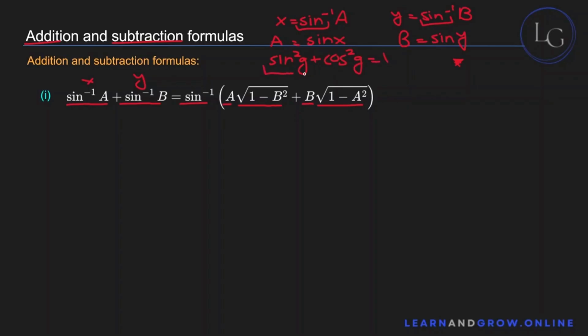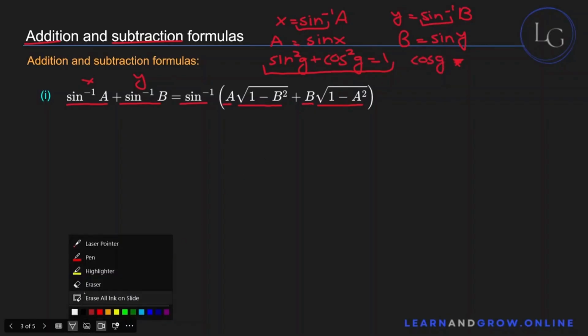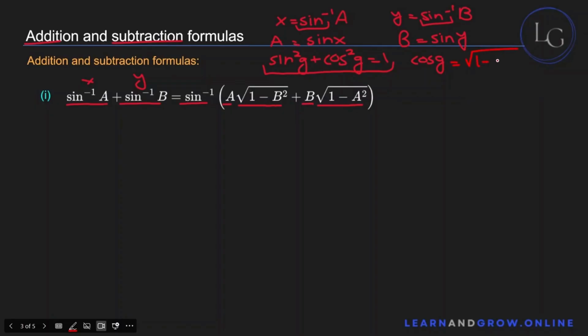So if you apply the same trigonometric formula and convert it for the cosine, cosine of g becomes equal to under root of 1 minus sine square of g. Now apply this to both of these equations.